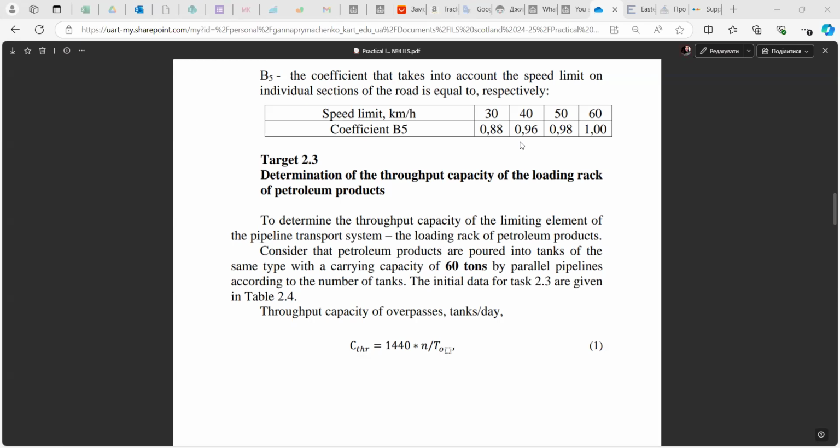So we multiplied 5 coefficients, B with index 1, B with index 2, B with index 3, B with index 4, and B with index 5. So it is all, and now find how big the coefficient B is for your variant. Okay. Find it for yourself, please.